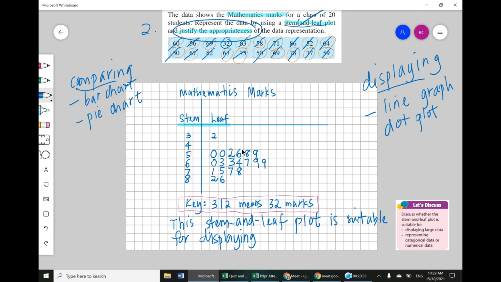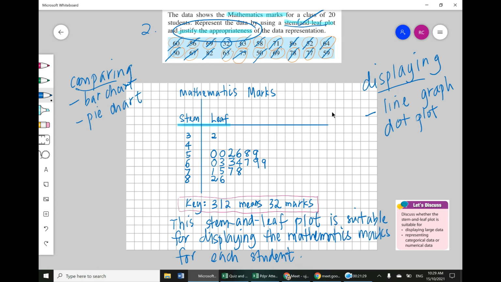So, I convert it into English. It is suitable for displaying the mathematics mark for each student. Each student, no S. Can or not? Yes. Okay.